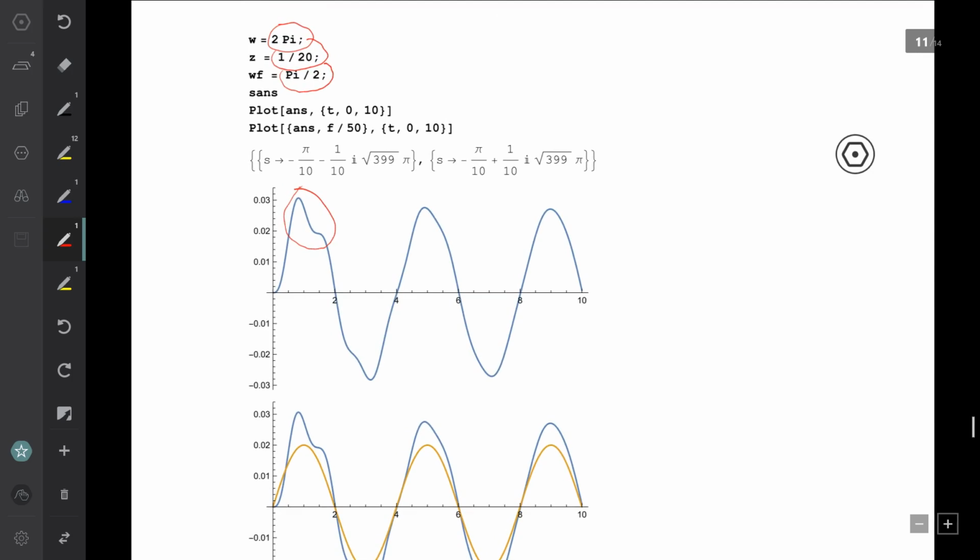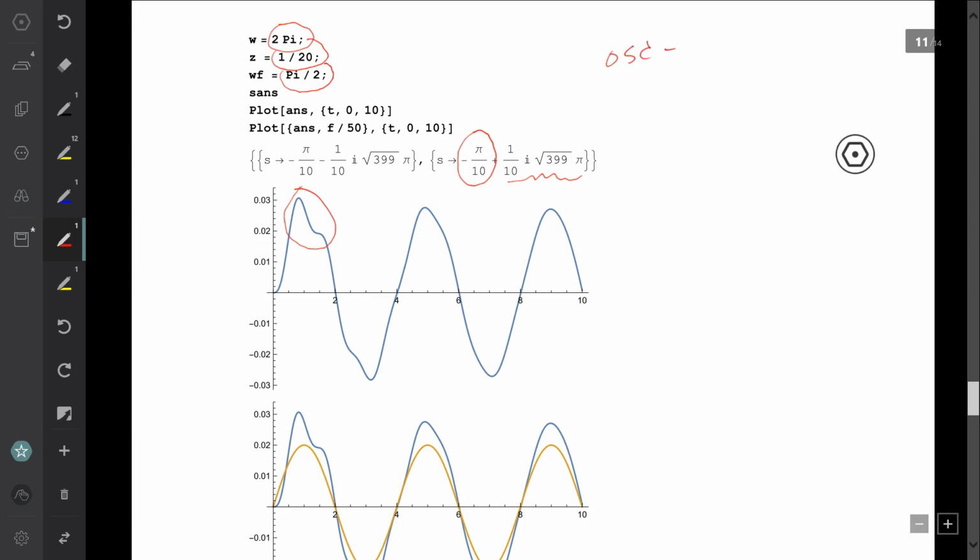And if you look at the S solutions, now you have a real part and you have an imaginary part there, plus and minus the imaginary part. So does it want to oscillate? Yeah, it has a desire. It desires to oscillate because of the imaginary term. What's the time constant?